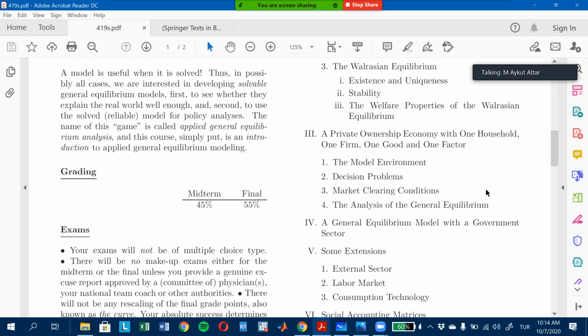Which is a toy model, which is not very realistic, but that gives us the foundations of what comes next.